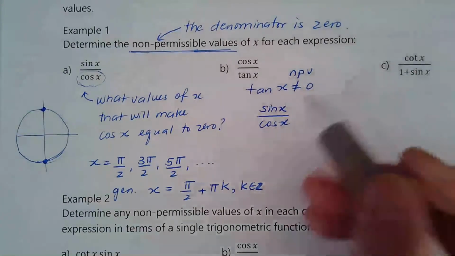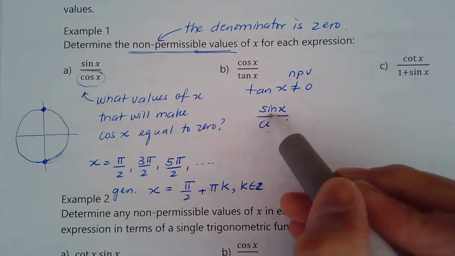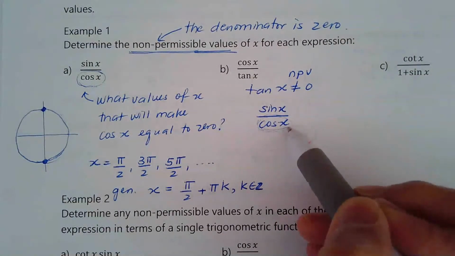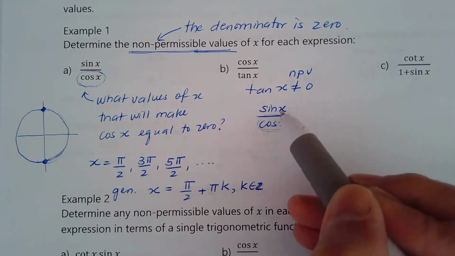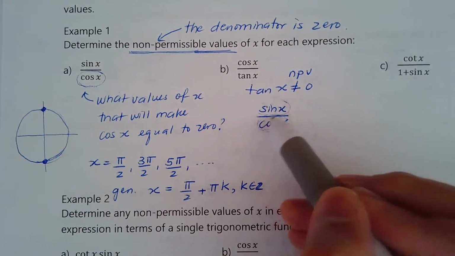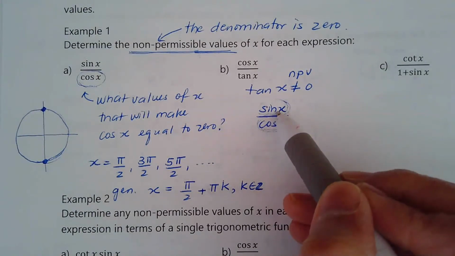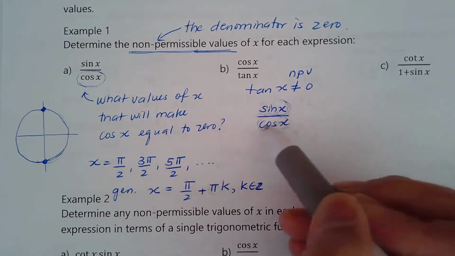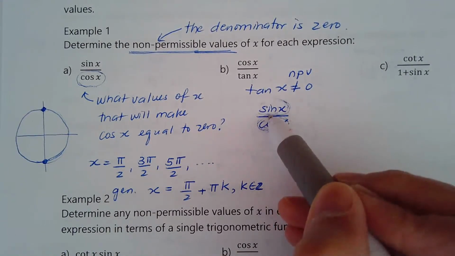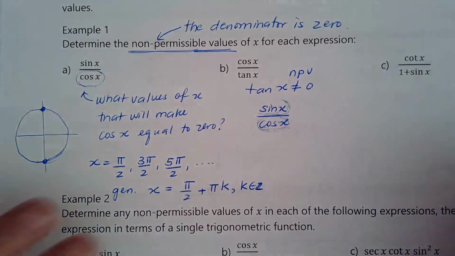So in this particular case, we don't want the cosine of x being 0, and we also don't want the sine of x to be 0, because that will make the expression undefined.